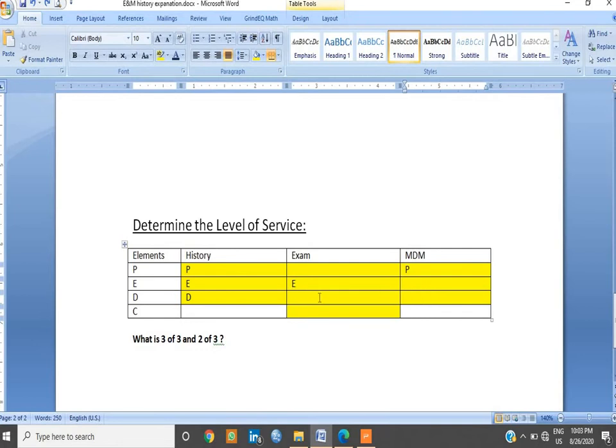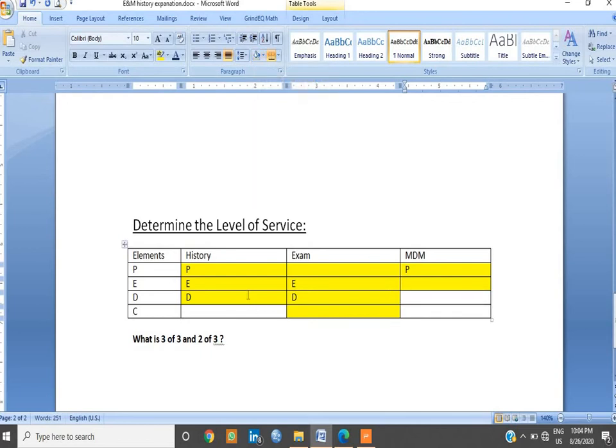So we have to compromise the exam as well. We are unable to go for the comprehensive exam because we don't have comprehensive history and high complexity. So we have to go for moderate complexity, detailed history and detailed examination. Okay, understood? For example, I'll take one more here.